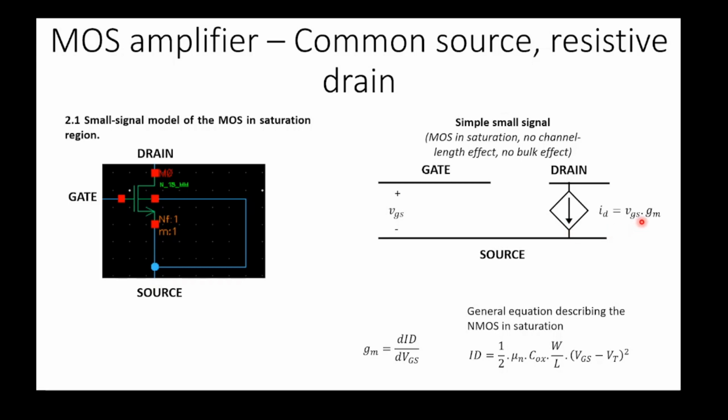Next, for the formula depicting the relation between the value of the drain current and the gate source voltage, when I talk about the drain current and the gate source voltage here, we are talking about the small signal, not the large signal. So we can see that even the symbols for ID and VGS are quite different compared to video one that we talked about.